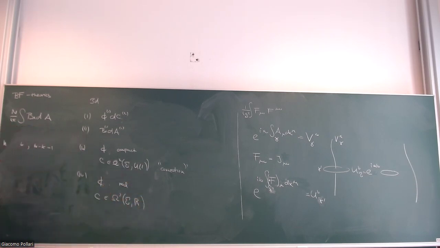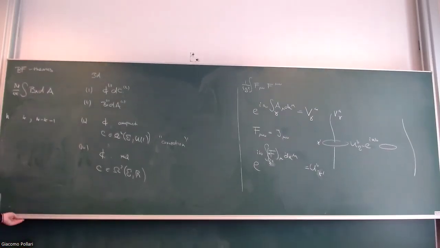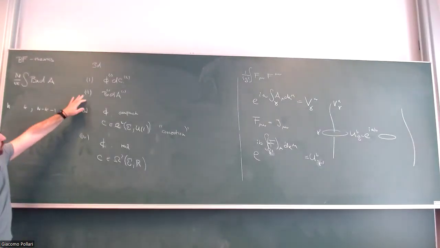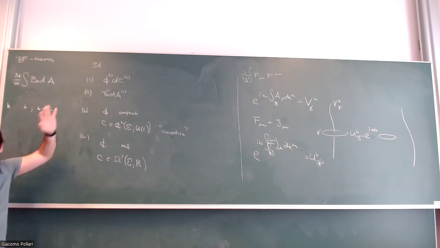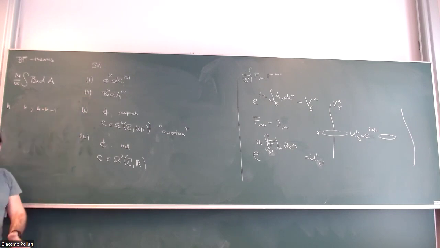And again, connection. Same for this one: both are two-forms valued in U1 or R. And there will be similarities.